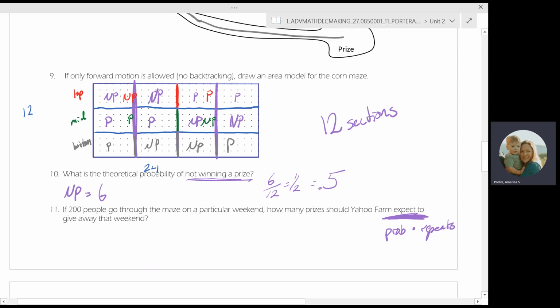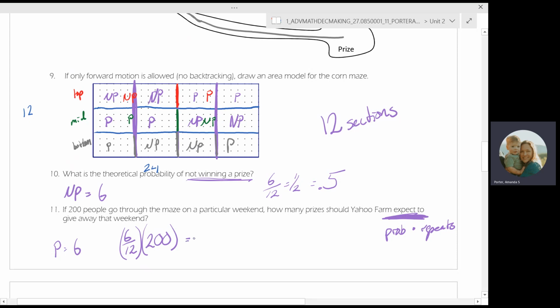So we want the probability of prizes. How many prizes? That is again also 6. So we're going to take 6 out of 12 and multiply it by the number of people, the number of repeats. A person going through a maze would be a repeated action. It could be different people, but it's a repeated action. You're going through the maze, you're going through the maze, you're going through the maze.